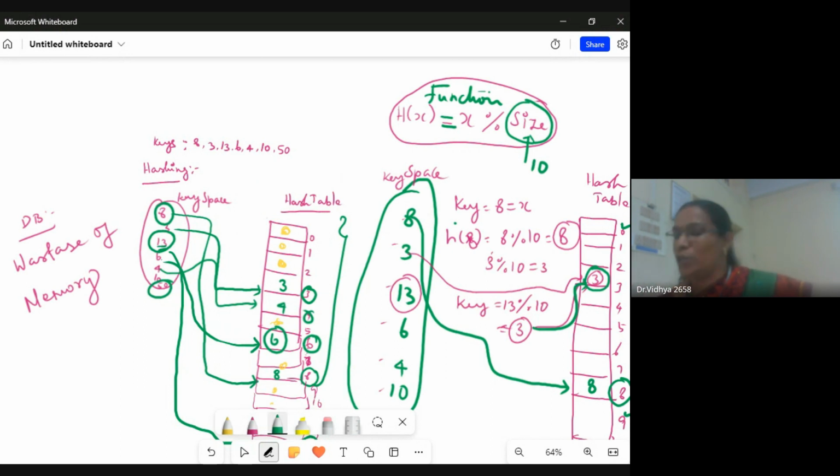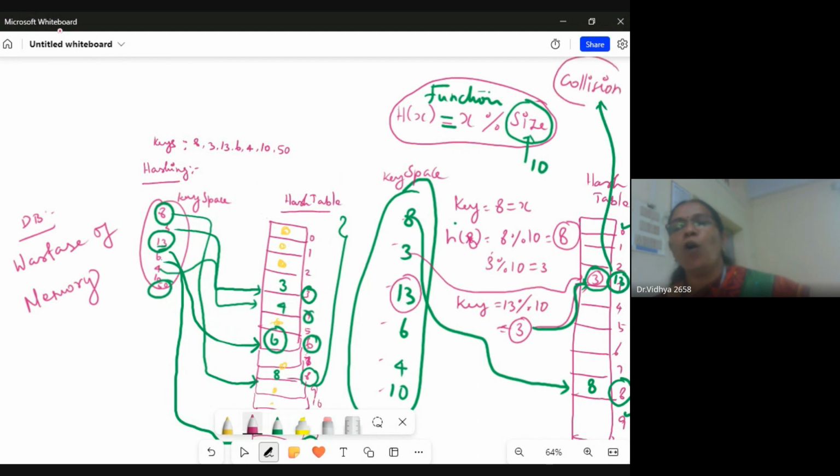So we are suffering from the issue called collision. Please make note of it. If you are taking notes, please write it as collision.